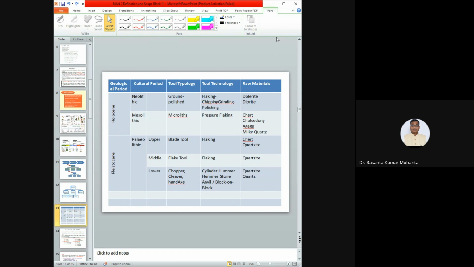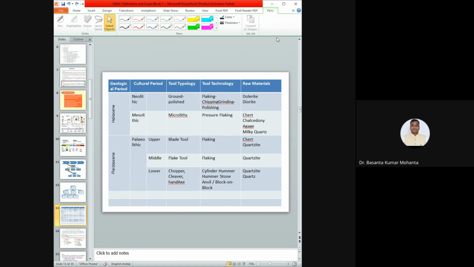So in processual archaeology, the archaeologists try to prove the different evidences, different theories of archaeological development and archaeological evolution with the help of modern scientific technology, modern evidences.